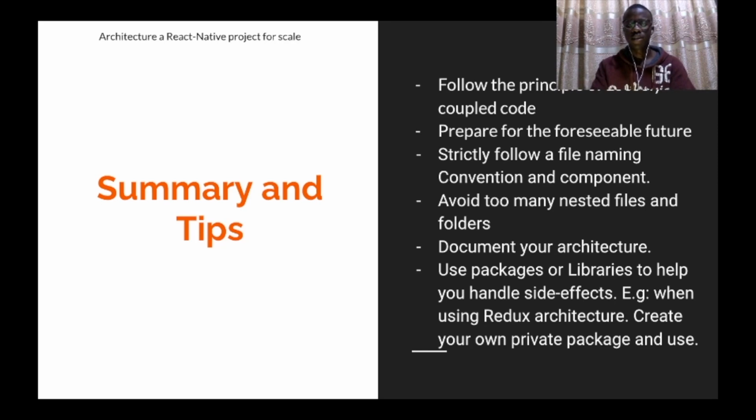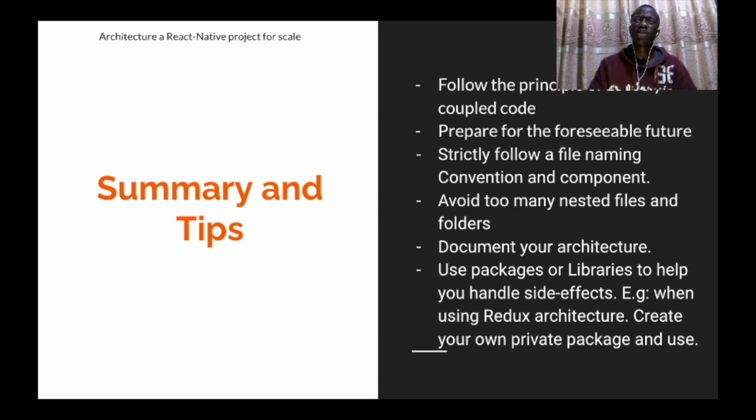Also document your architecture. Use packages or libraries to help you handle side effects. For Redux, for instance, there's Redux Saga and Redux Thunk. They could help you with side effects in your application.